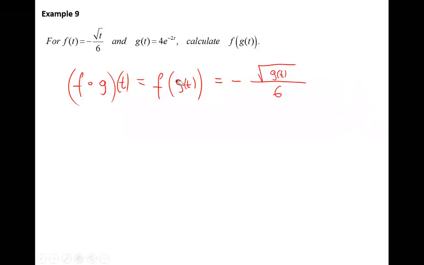We can see it's not f of t, it's f of g of t. Instead of t, we have to put g of t. Let's just do it. Over 6, and g of t is defined as 4 e to the power of negative 2t. Done. I can simplify, but it's definitely a good formula.